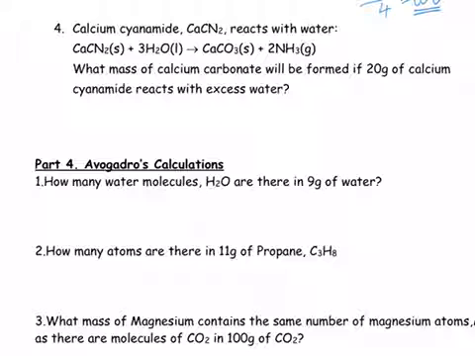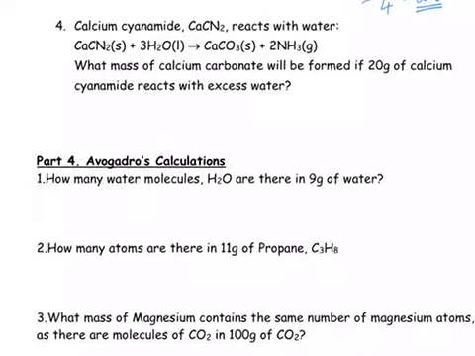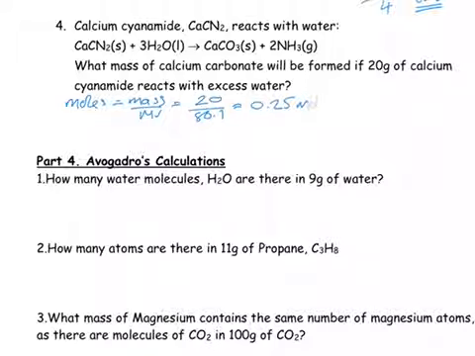The first thing we need to do with this question is to work out the moles of calcium cyanide. So we're going to do that by doing moles equals mass over MR. So 20 divided by 80.1 equals 0.25 of a mole. If I have 1 mole of this, it's going to make 1 mole of this.